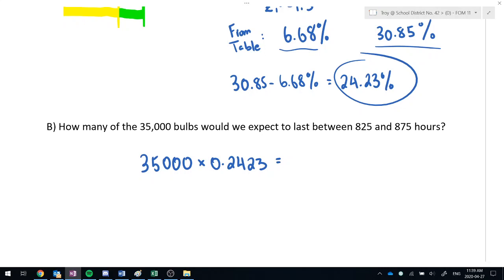Whoops, didn't put that in properly. 35,000 times 0.2423. So it gives us a decimal number. We'll round it to the nearest whole number. So it's going to be 8,481 bulbs that will last between 825 and 875. Okay.